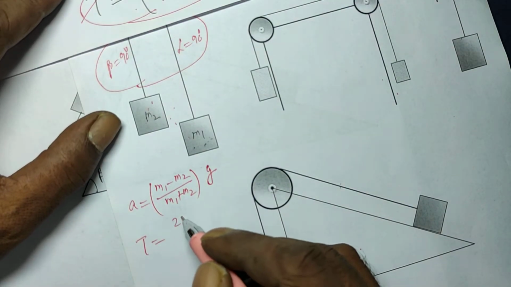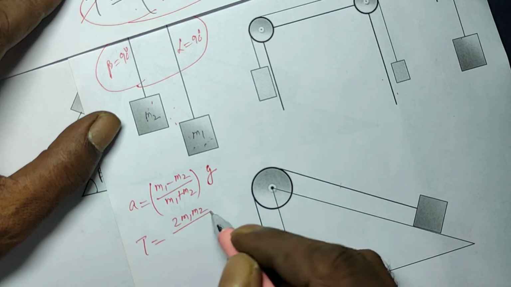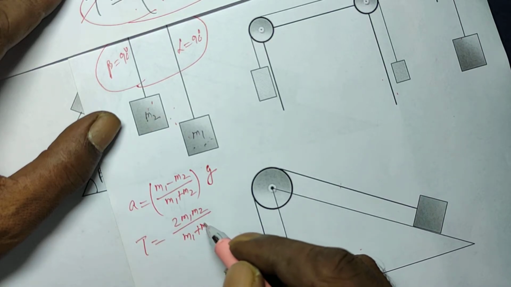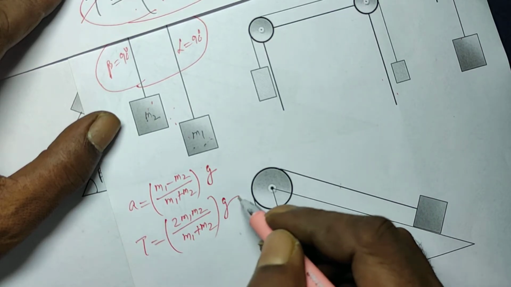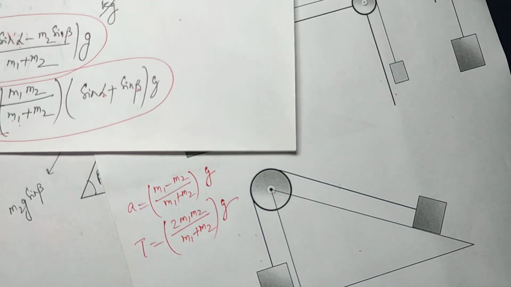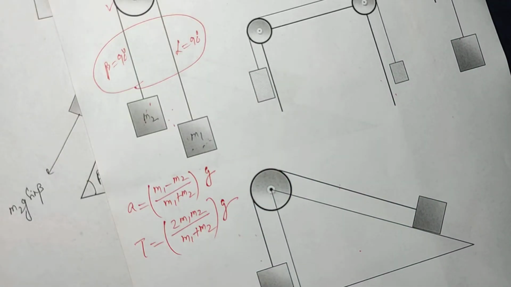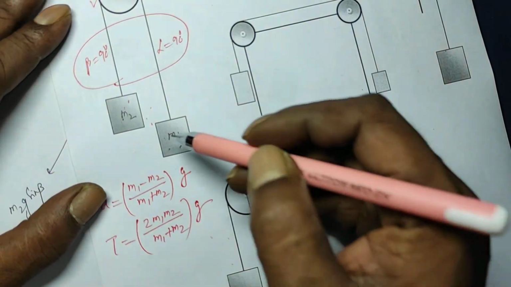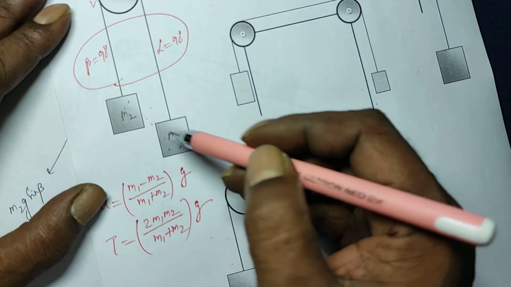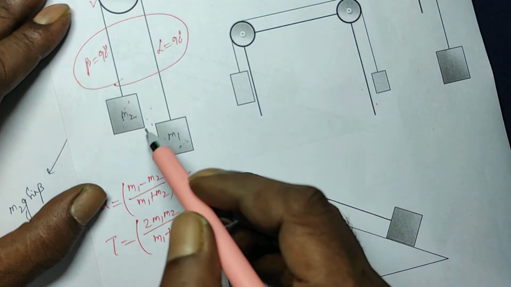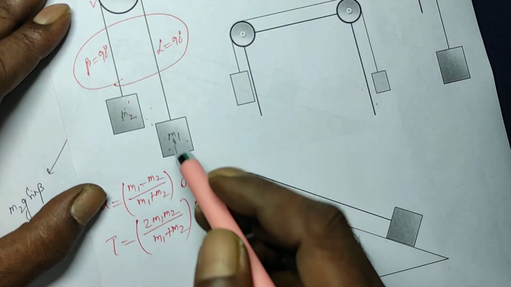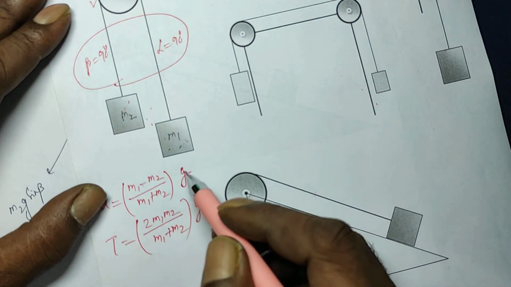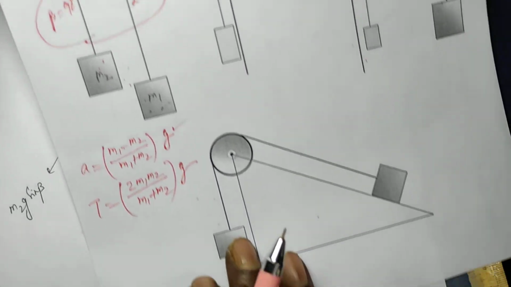So your tension becomes 2 m1 m2 over (m1 plus m2) times g, right? Or you can interpret it in a different way. This mass is trying to come down and this is opposing, so it is subtracted here: (m1 minus m2) over (m1 plus m2) times g.